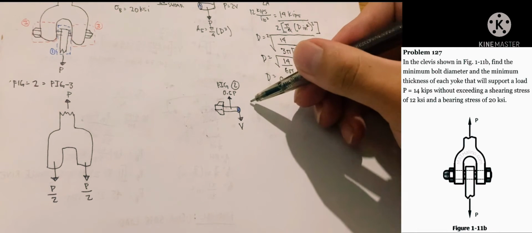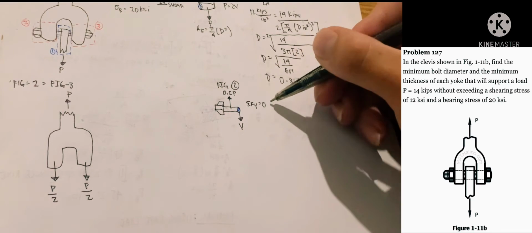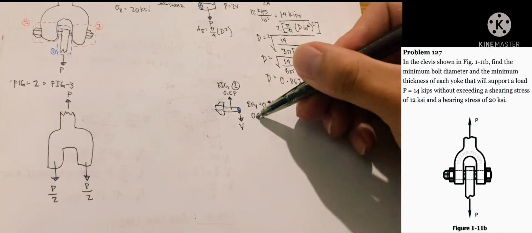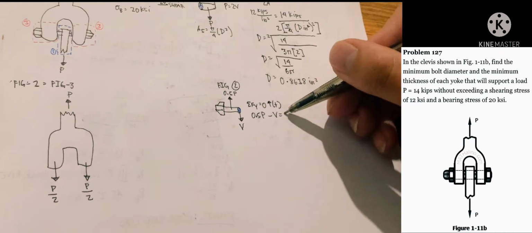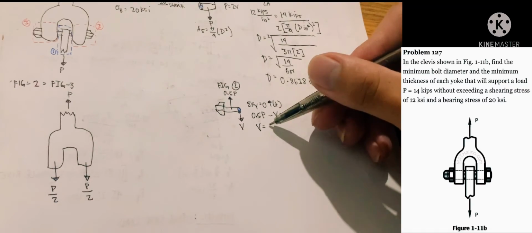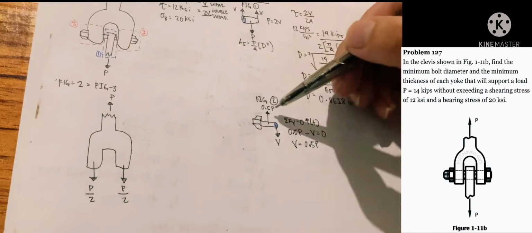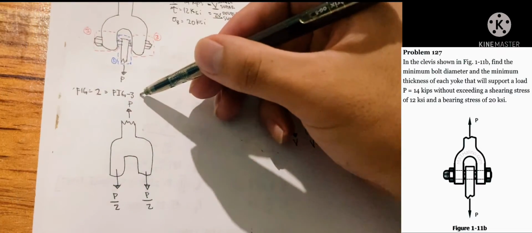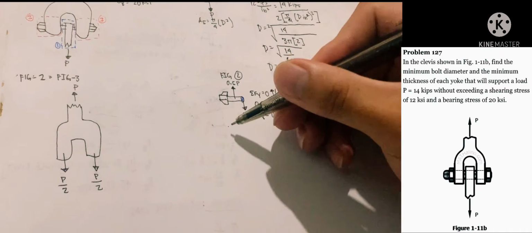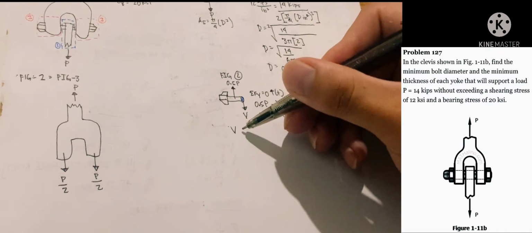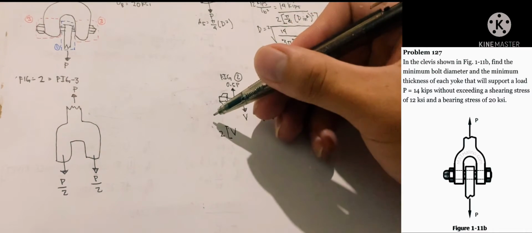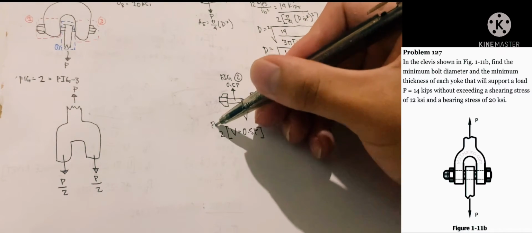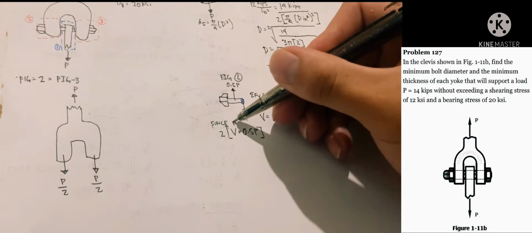Next is again sum of forces in Y. Going up is positive, so 0.5 P is going up, minus V equals 0. V is equal to 0.5 P. But since the two figures are symmetrical, or the P is originally a single one, figure 2 and 3 is originally a single entity or structure, we can multiply it by 2.